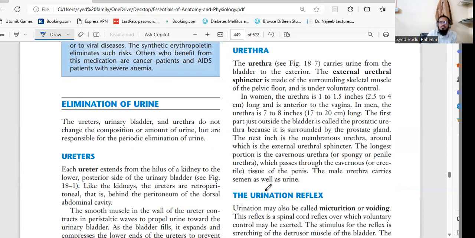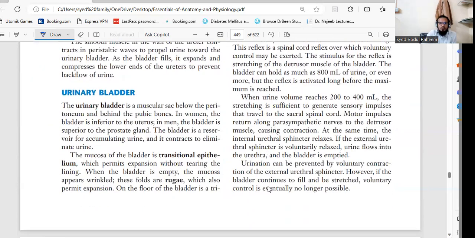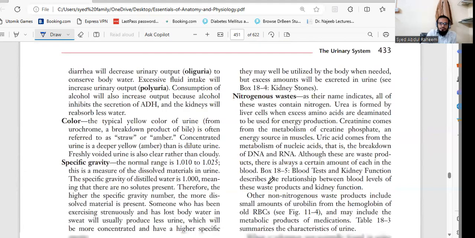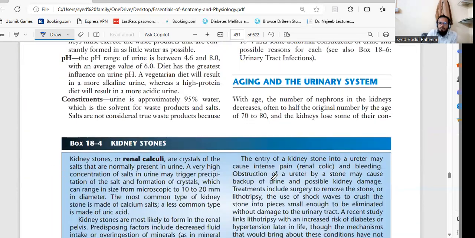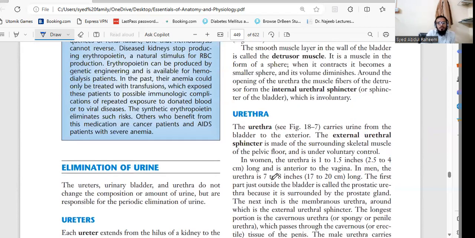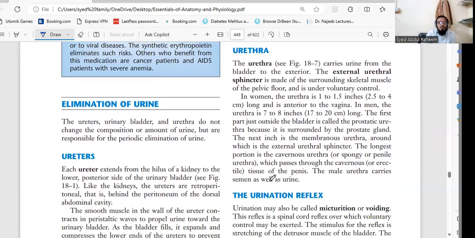Okay. Next, we have other organs which help with the excretion of urine in the urinary system. We have the ureter, urinary bladder, and urethra.